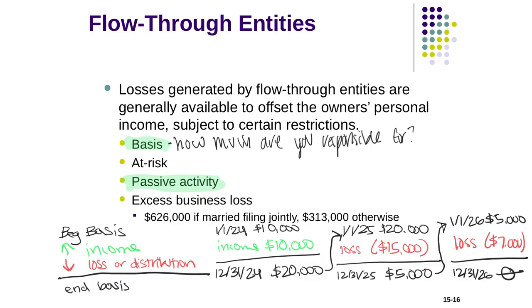However, the excess loss, so 7 minus 5 is 2, the extra $2,000 loss, can be carried forward.